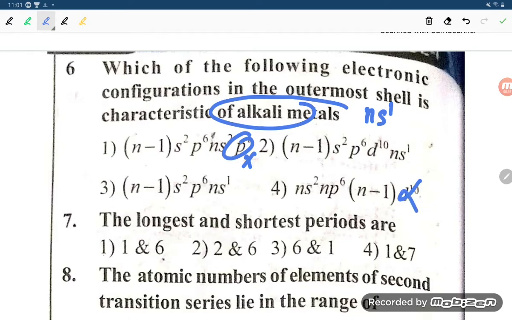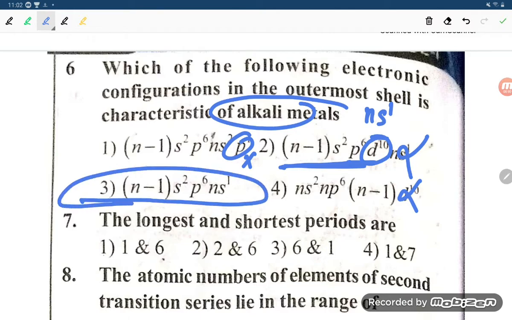Here n is not mentioned, so this is wrong. (n-1)s p d, this is not right. d will be less, student. In configuration, the d orbital is always lower. So this is also not possible. So our correct answer will be option number 3. For question number 6, option number 3 is the most probable answer, student.